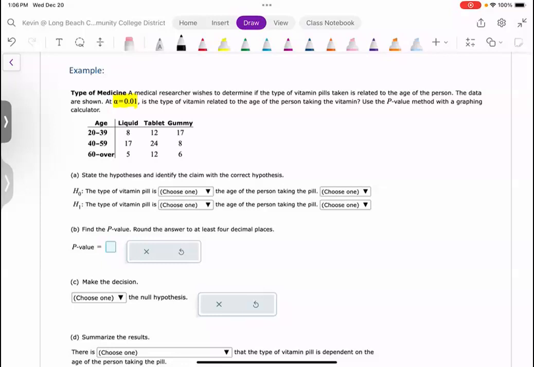The type of vitamin pill is independent of the age of the person taking the pill. This is not the claim. The claim is that it is dependent on the age of the person taking the pill, and this is the claim.